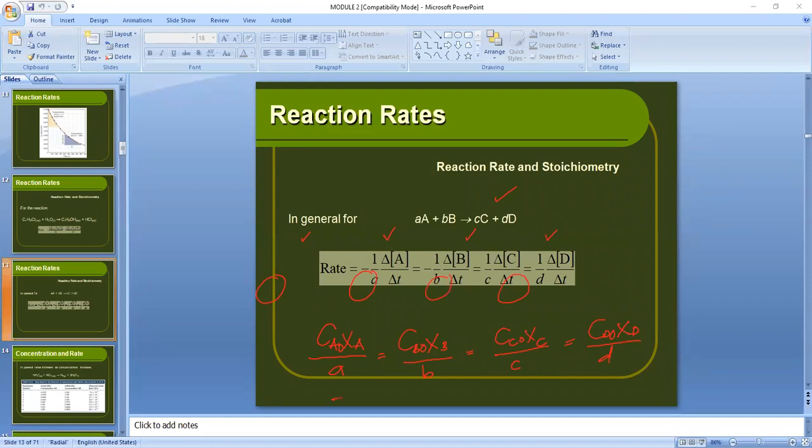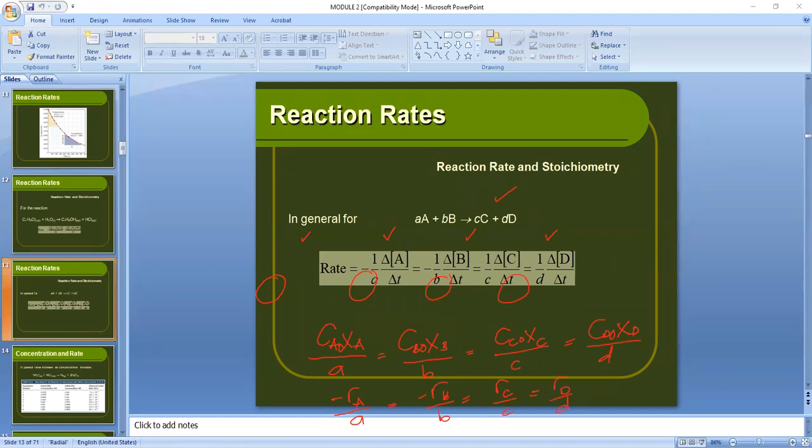Like you say the rate in terms of A divided by A. When you speak of the rate in here, this is an actual quantity, not an expression. Okay. Rate in terms of B, rate in terms of C, and rate in terms of D.